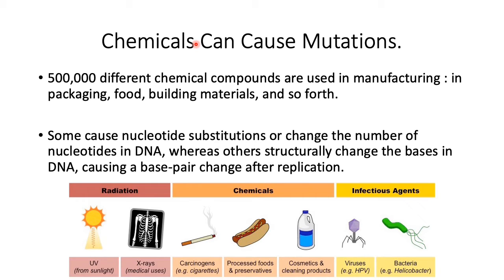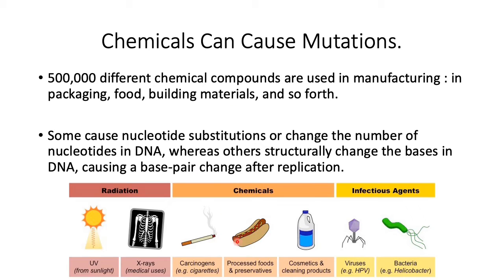Other induced agents that can cause DNA mutations are chemicals, and there are about 500,000 different chemical compounds that are used for manufacturing and packaging, food, building materials, and so forth. A lot of these compounds have been linked to DNA damage.